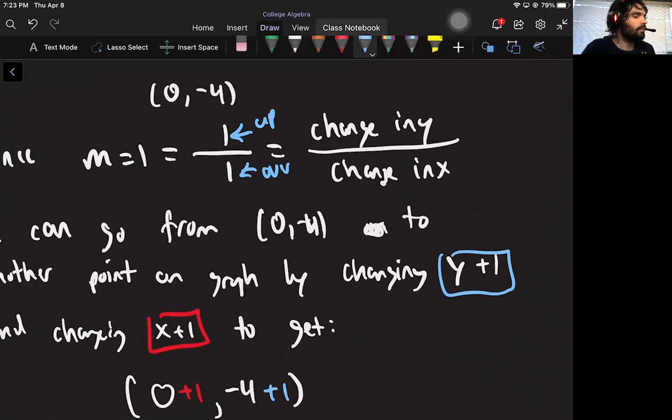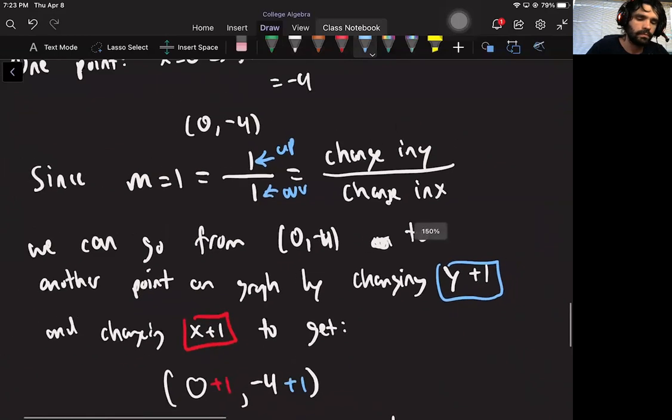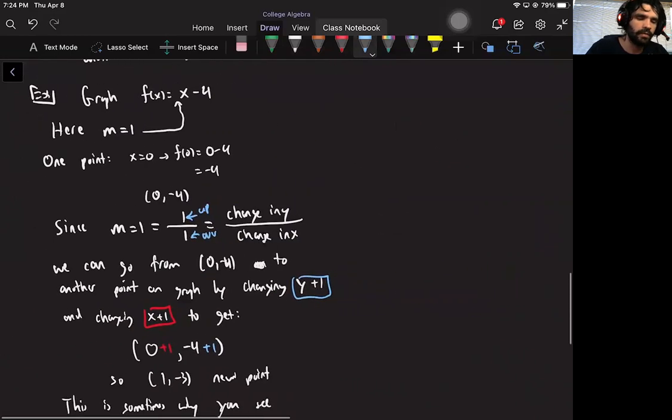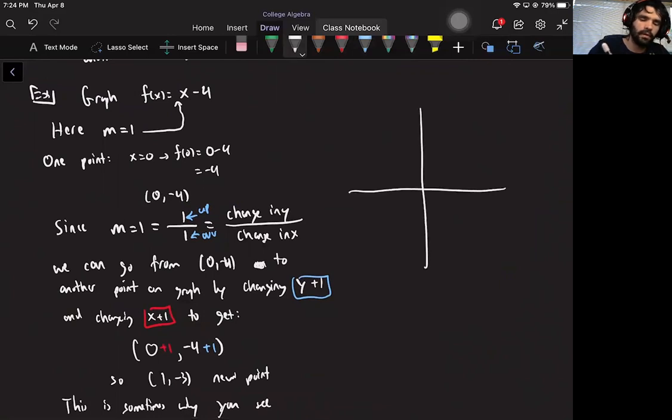So if I want to graph this guy more quickly now, what this is saying is, as soon as I know 0 comma -4, so I go over 0, down 4.